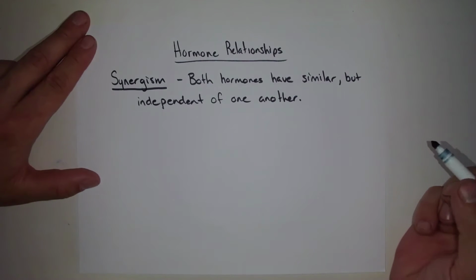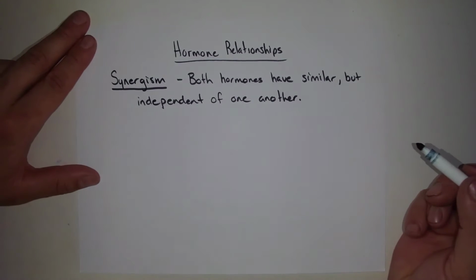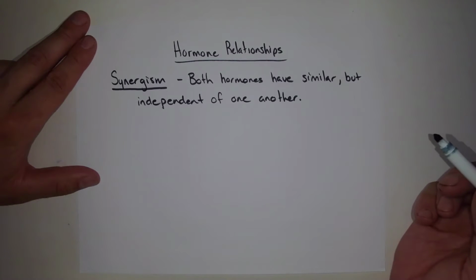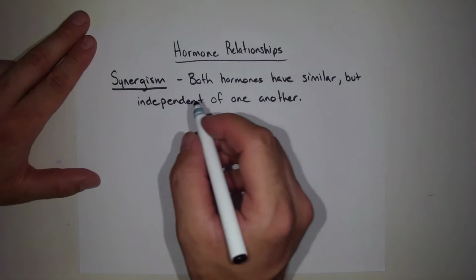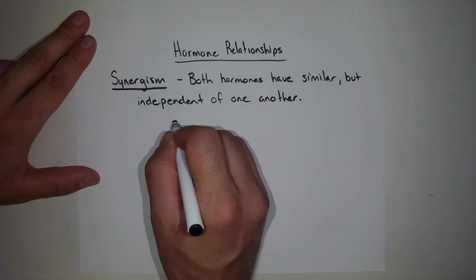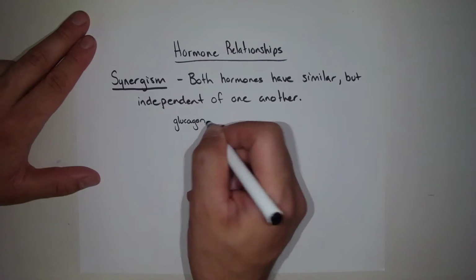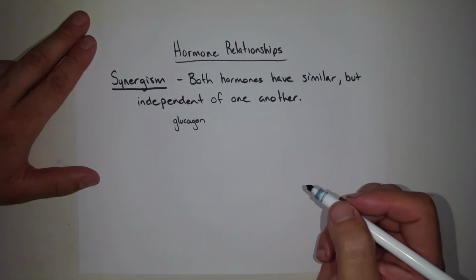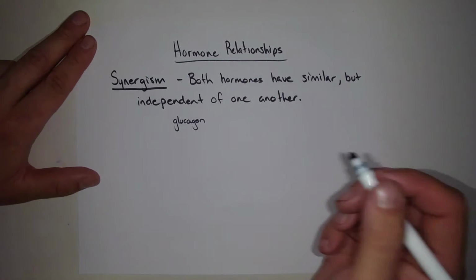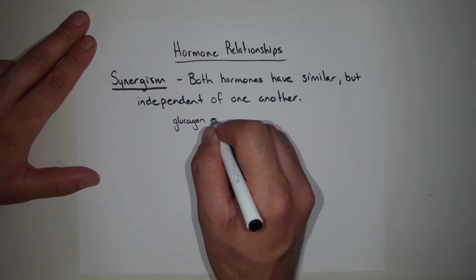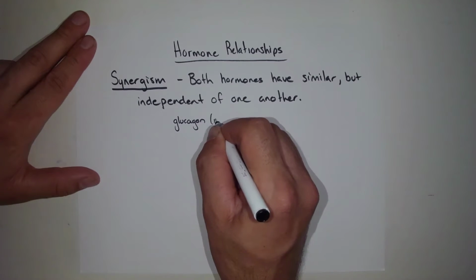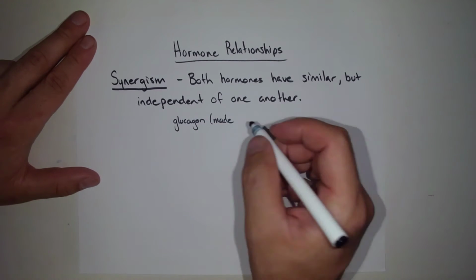Okay, so for example, we can talk about maybe blood glucose. There's a hormone called glucagon, which is made in the pancreas. It's actually made by something called alpha cells of the pancreas.